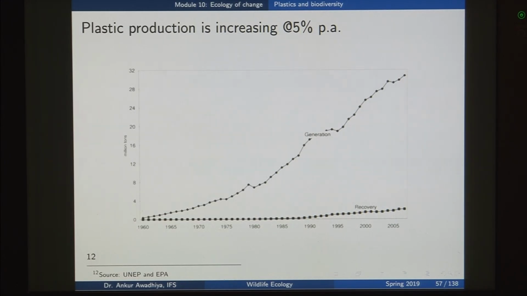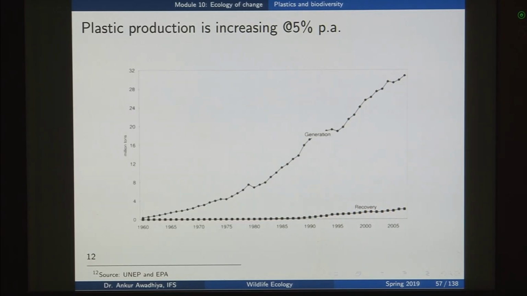Everything has a shelf life, everything has a usable life. If you are using a plastic pen, after its life is done, you throw it in the dustbin, but then what happens to this plastic pen after it has been thrown into the dustbin? Does it get recycled? Does it get reused? Because a big property of plastics is that a number of biological entities are not able to act on it.